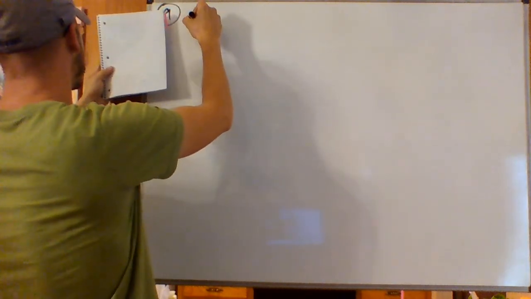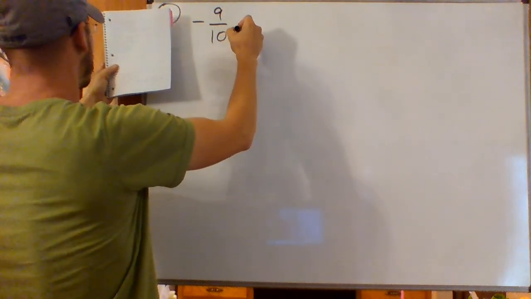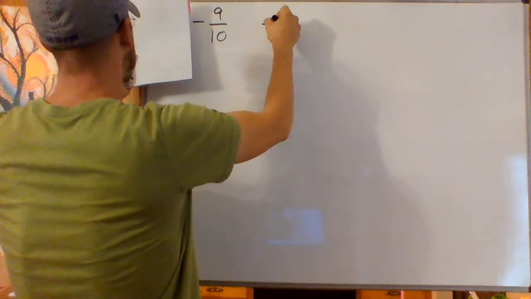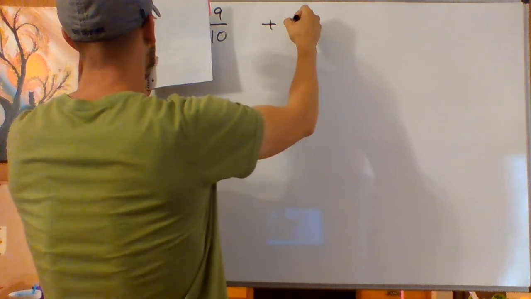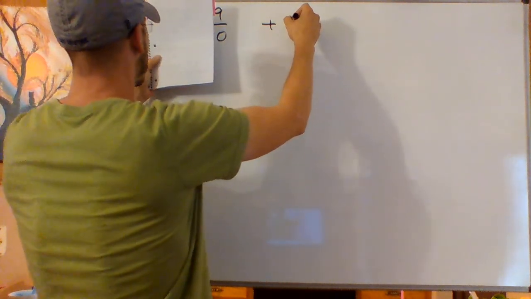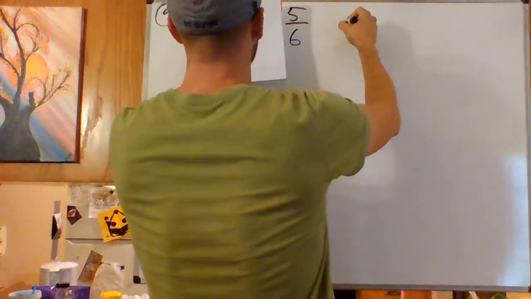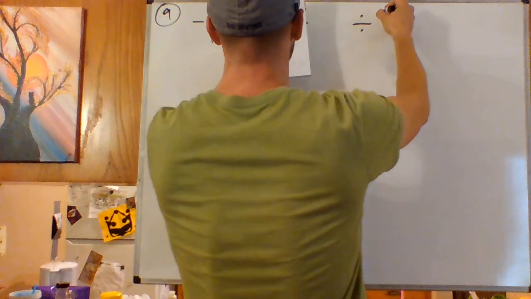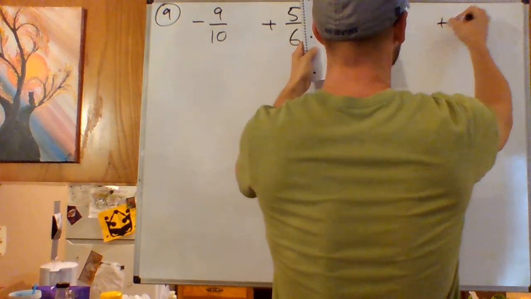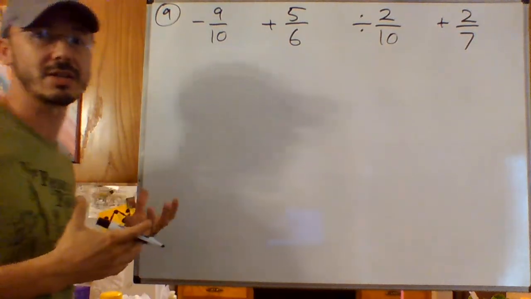If you write it out, negative 9/10, leave some space, plus 5/6 divided by 2/10 plus 2/7. And what I tried to do there was leave some space after each fraction.